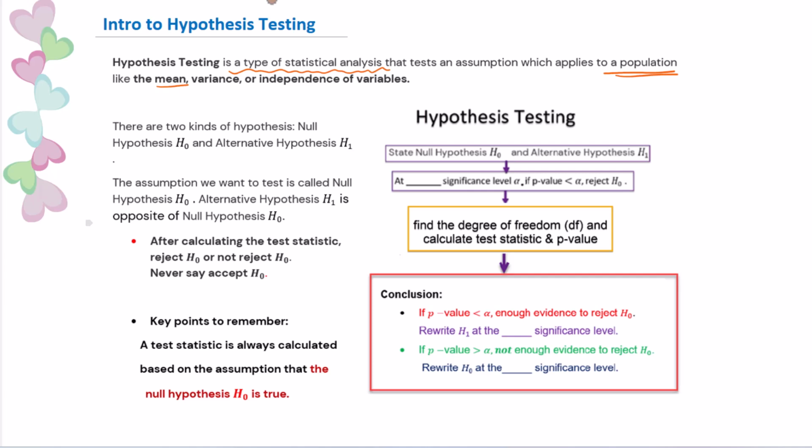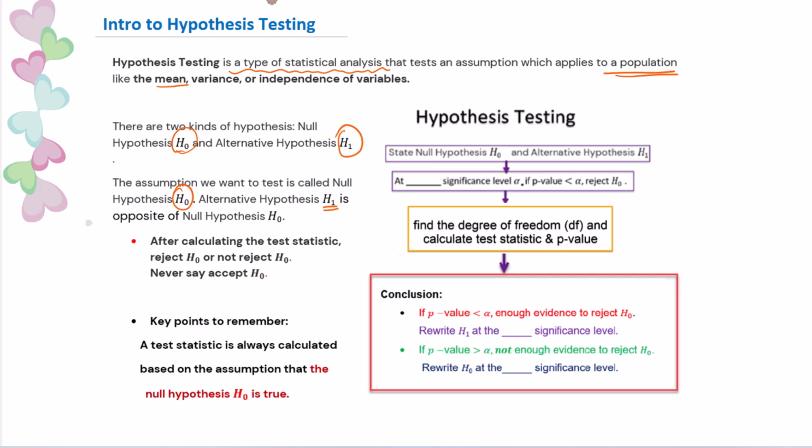There are two kinds of hypotheses: null hypothesis H0 and alternative hypothesis H1. The assumption we want to test is called the null hypothesis H0. Alternative hypothesis H1 is the opposite of null hypothesis H0.